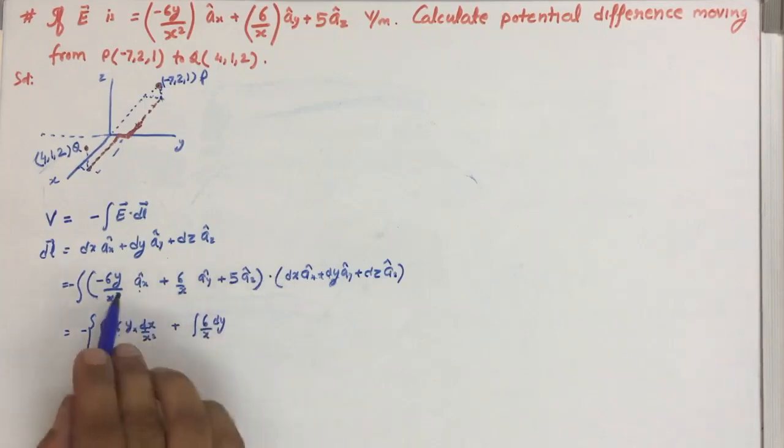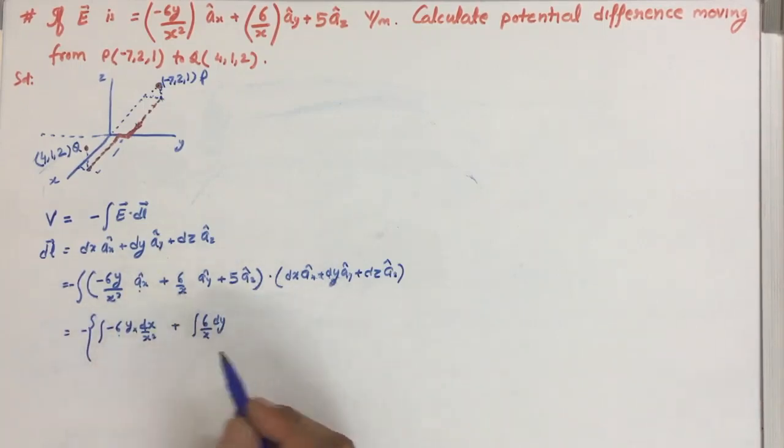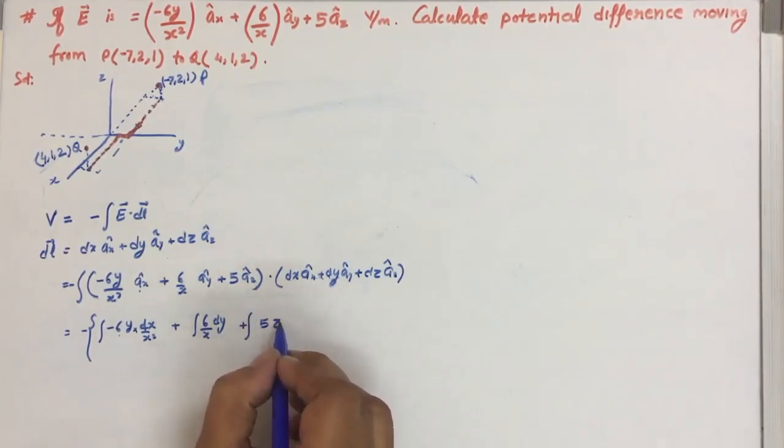So this term will be available, this term will be available, plus 5z, 5 dz.